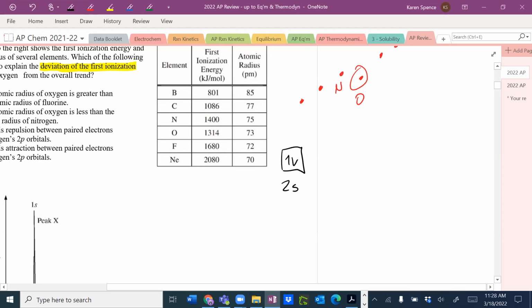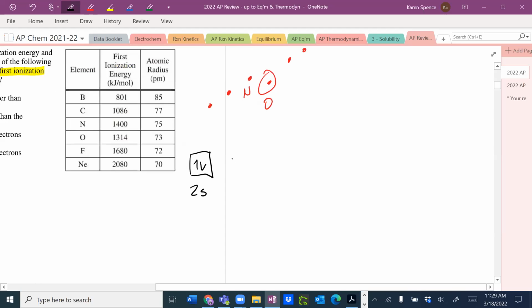and boron is going to look like this, or 2p, here we go. So here would be boron, and then we have carbon, and then we have nitrogen. Okay, so this is nitrogen, where we have 2s2, 2p3.